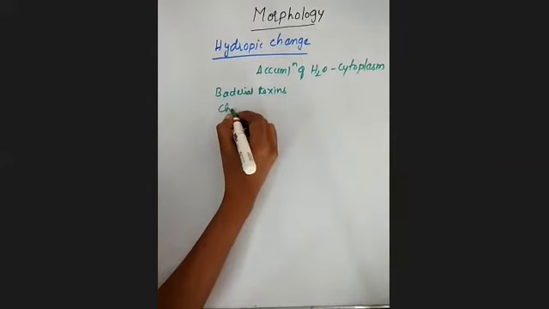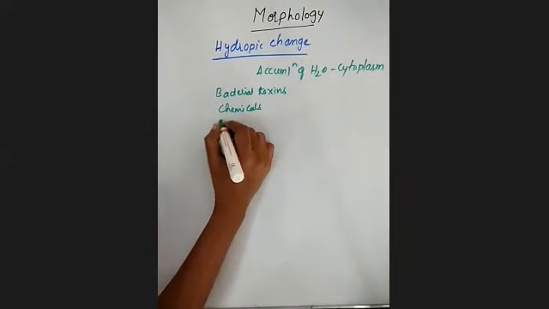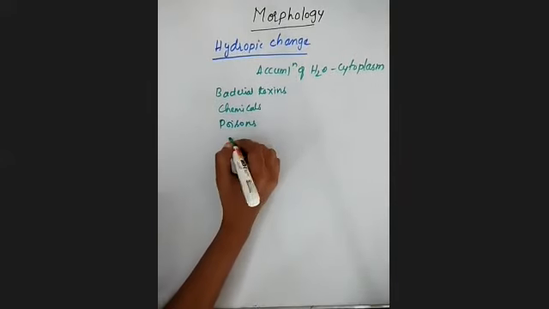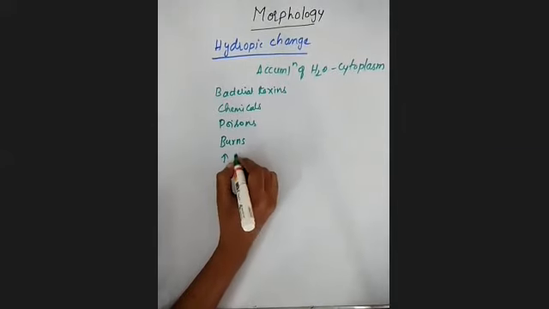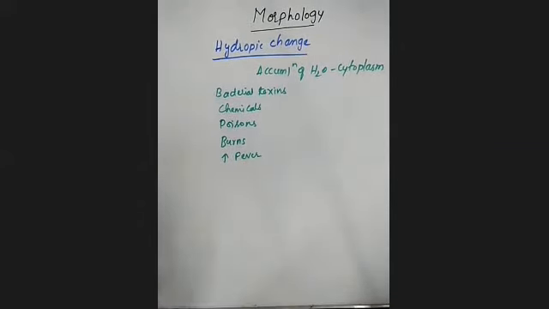And the next one is chemicals, and next poisons, if there is any poison inside our body, and burns, and also in case of very high fever. These are all the main causes for this hydropic change: bacterial toxins, chemicals, poisons, burns, as well as high fever.